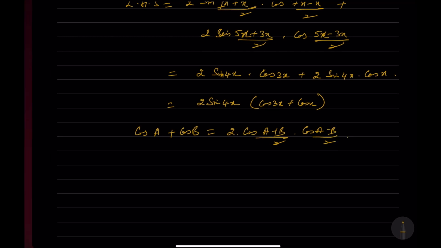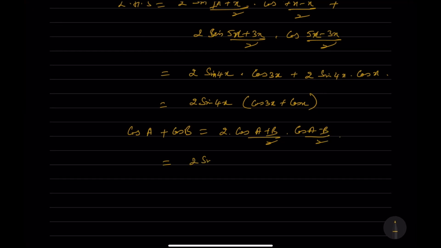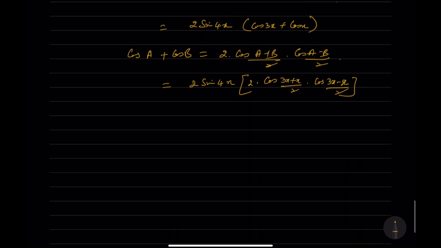So you are going to get it as equal to 2 sin 4x into 2 into cos 3x plus x by 2 into cos 3x minus x by 2. So which is equal to 2 sin 4x into, here you will get 2 into cos 4x by 2 is cos 2x into cos 3x minus x by 2 is 2x by 2, which is cos x.